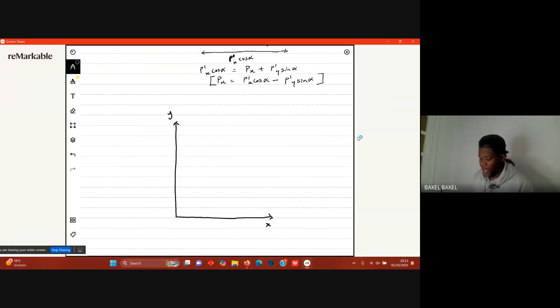Y, X, right? So if we rotate the whole plane, if we rotate everything, everything moves together. So let's make this X prime, alpha, and let's make this up here Y1, alpha.